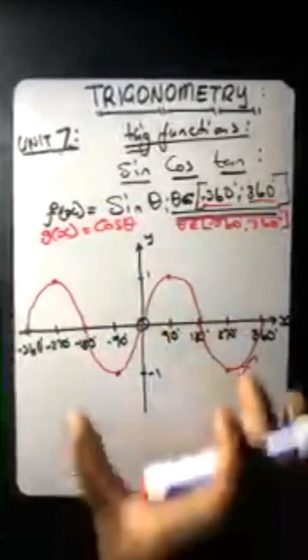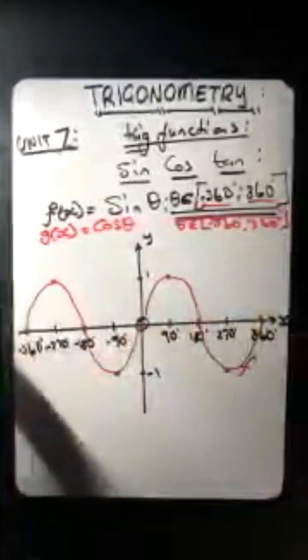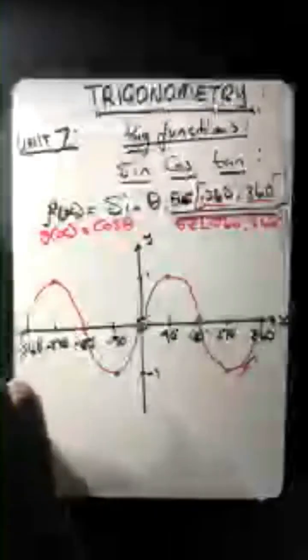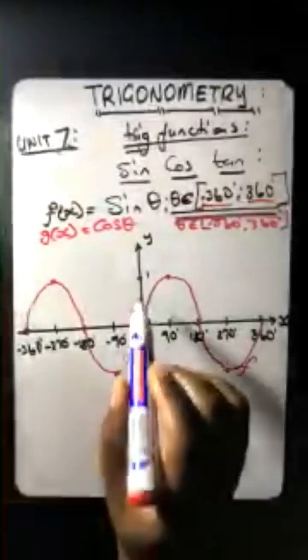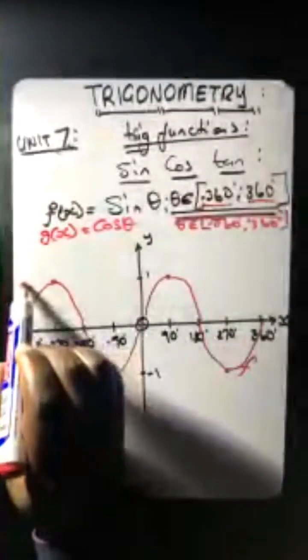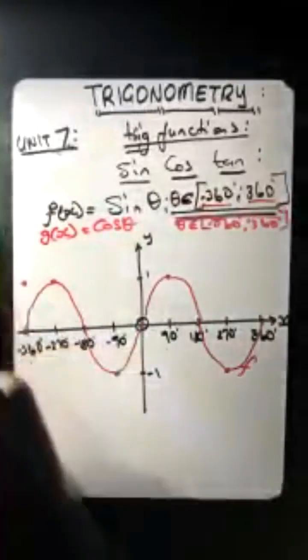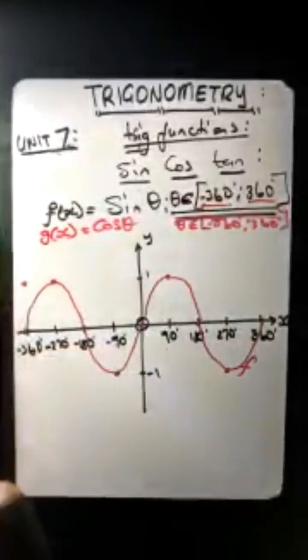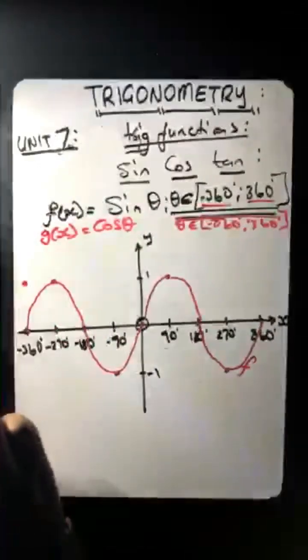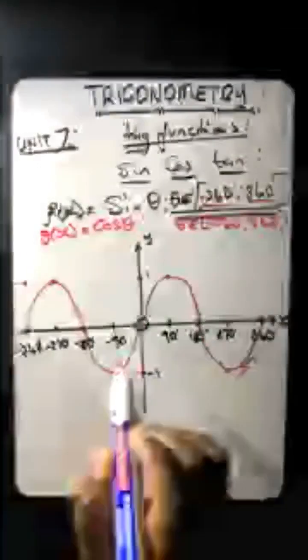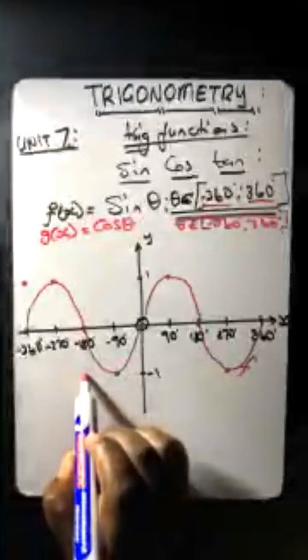You still do the same. On that same set of axes, you are just going to say cos. You start with negative 360, it gives you 1. So above that, you put 1 there. You go to negative 270, it gives you 0. You put 0 there. You go to negative 180, it gives you negative 1.